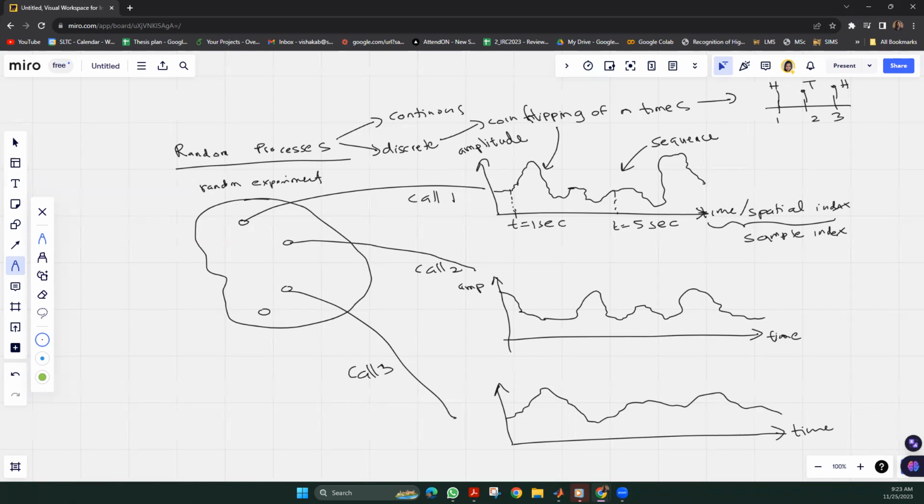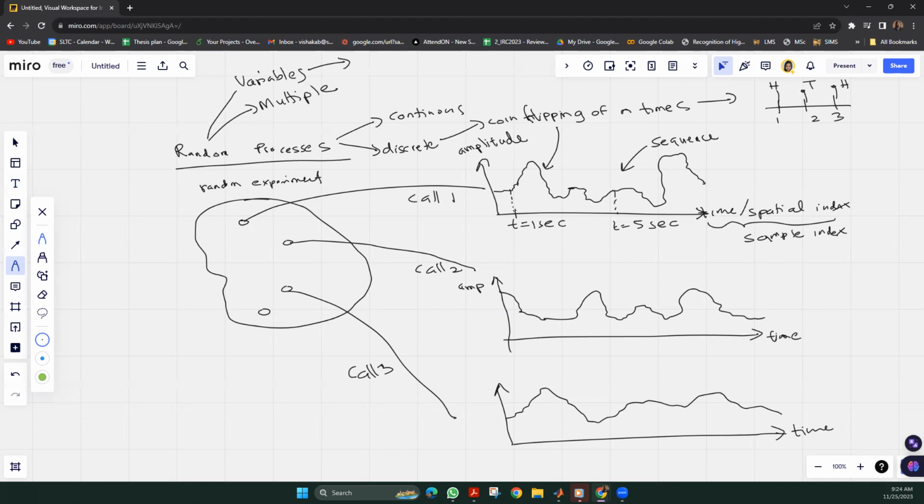We'll be looking mainly at continuous random processes, and we will be defining the definitions for them. As with the cases when we discussed random variables and multiple random variables, we tried to define how the statistics of those variables are defined.